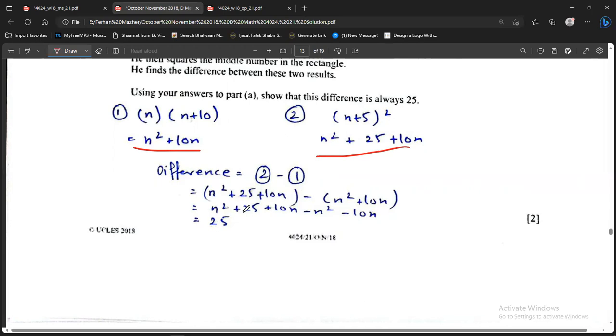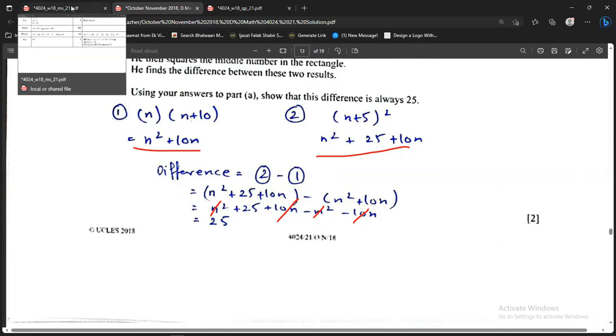So it will be n squared plus 25 plus 10n minus n squared minus 10n. So this and this will be gone, and this will be gone, cancelling with each other. So your answer will be 25. So this shows that the difference between them is always 25.